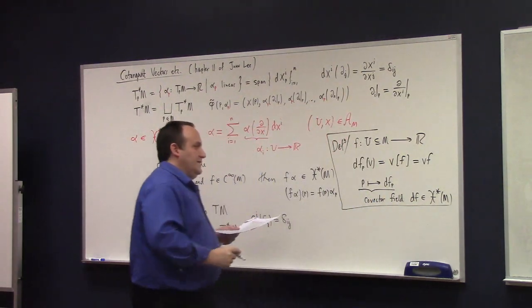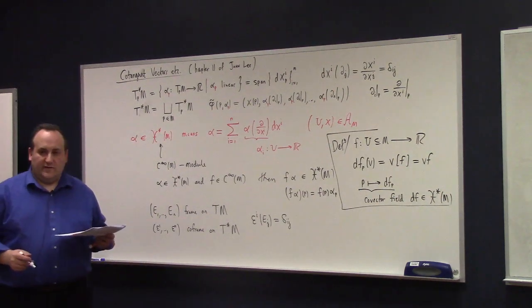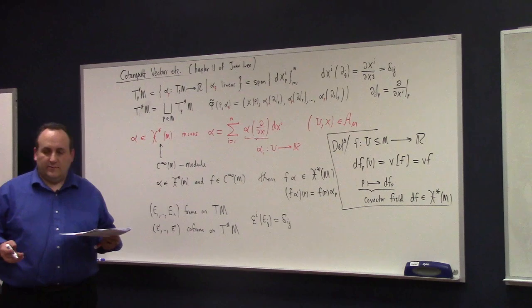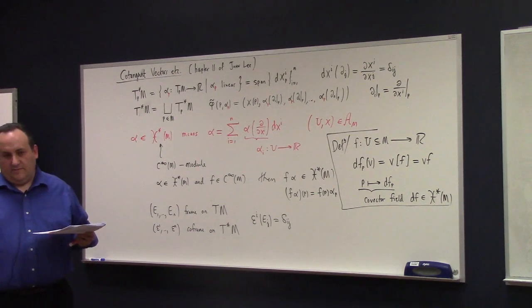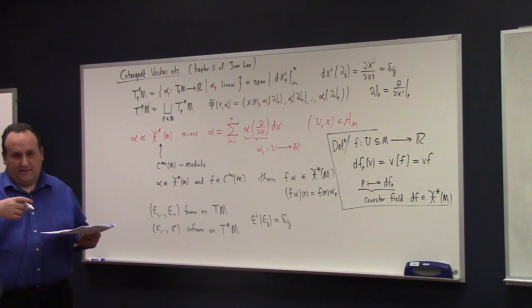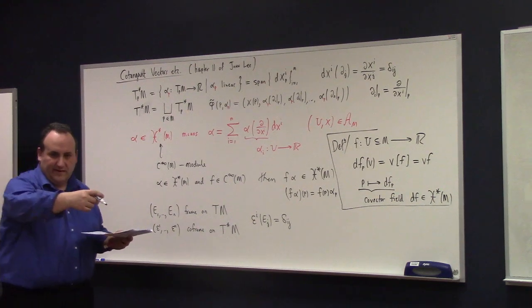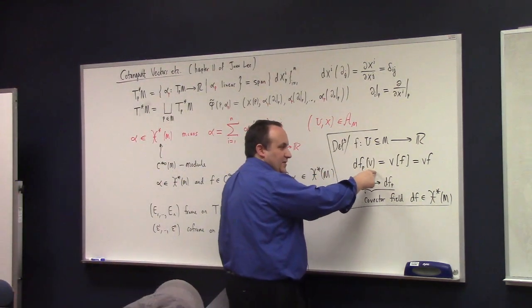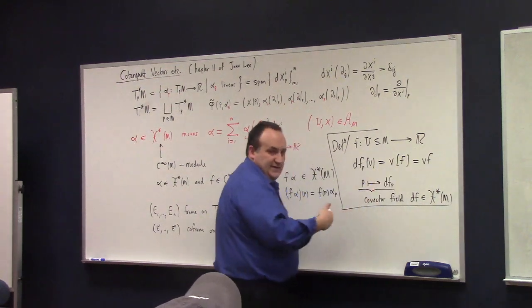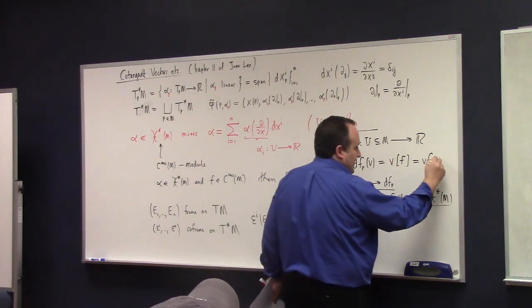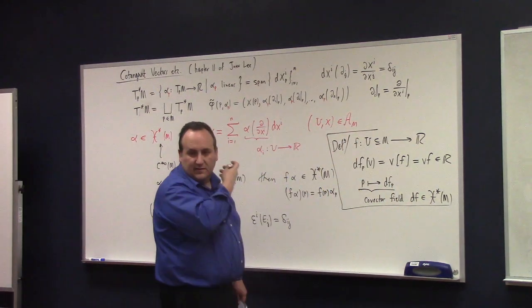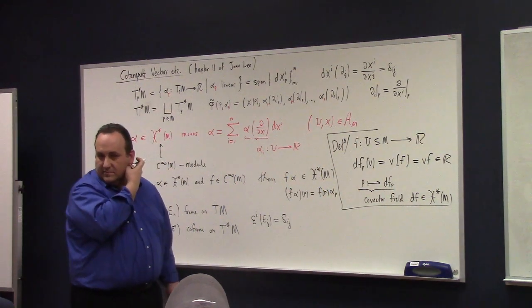Now you guys notice that this is somewhat at odds with our notation for push forward, right? Because with push forward, we feed it a vector and out pops a vector. Here we're feeding df_p a vector and out pops a number, a scalar. If you let p vary, out pops a function.